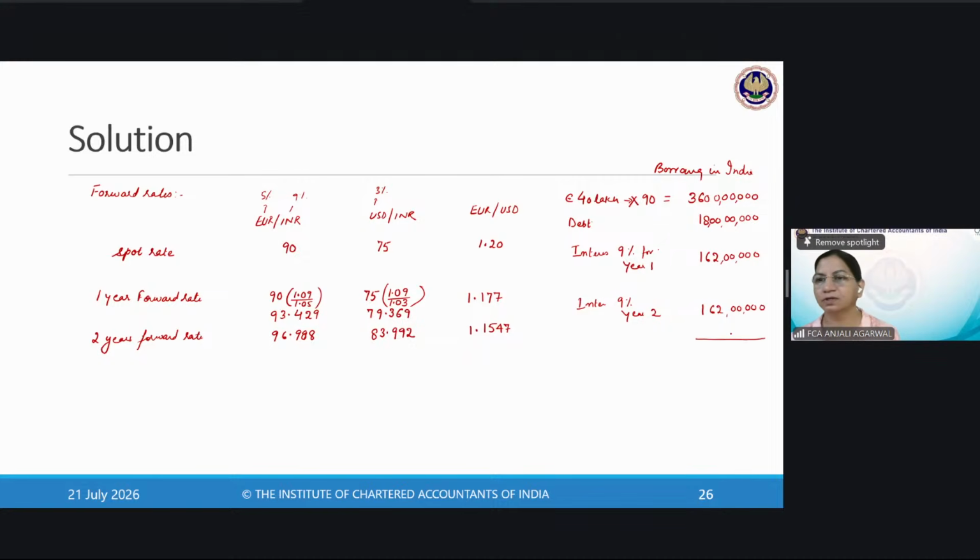So if you look at total repayment of the loan borrowing option, you will repay the loan after 2 years, 1,800 lakhs plus 162 and 162. So you end up paying 2,124 lakhs. This will be the outflow for the loan after 2 years.